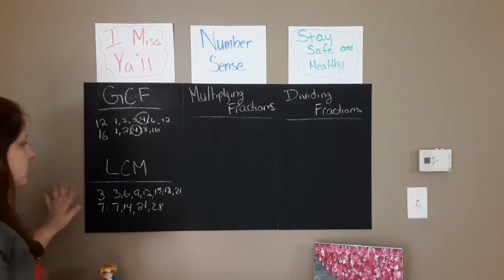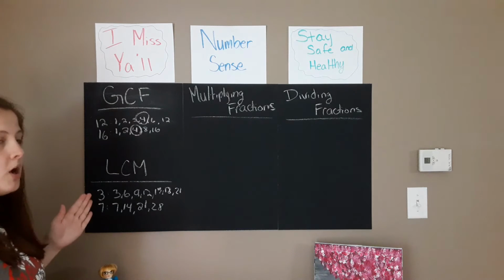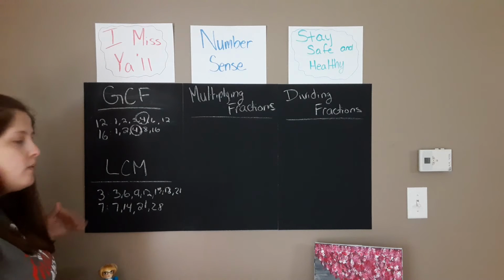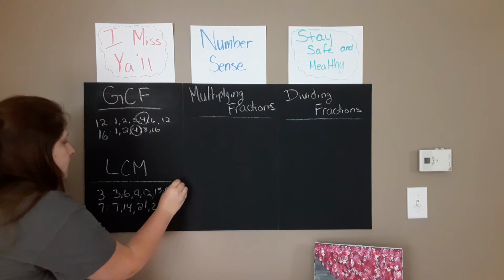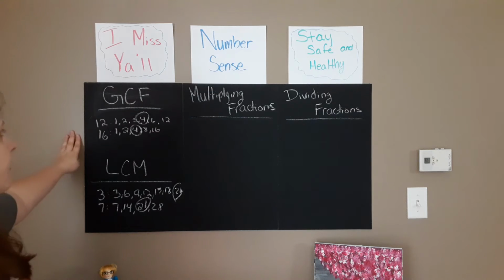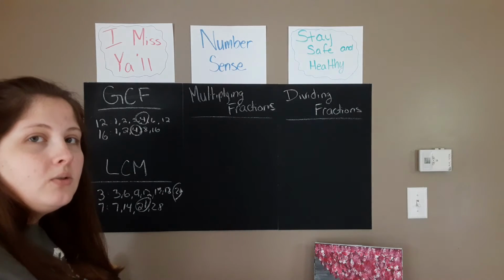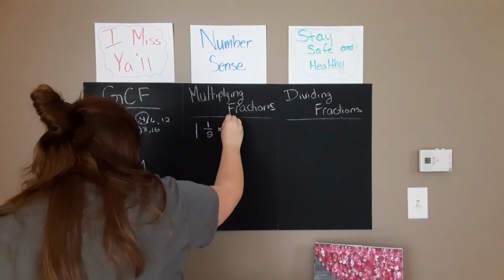We know the least common multiple, the smallest number that 3 and 7 both go into, is going to be 21. So knowing how to find greatest common factor and least common multiple is going to help us when we do multiplying and dividing fractions.